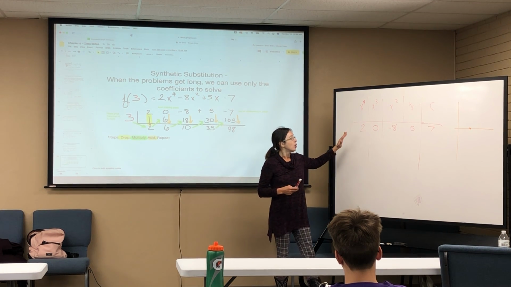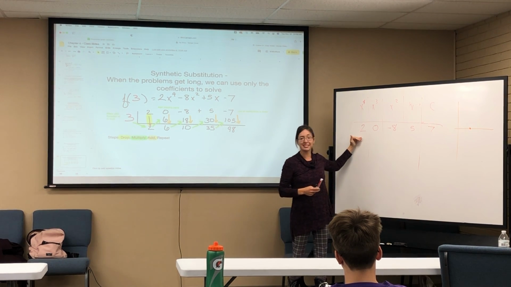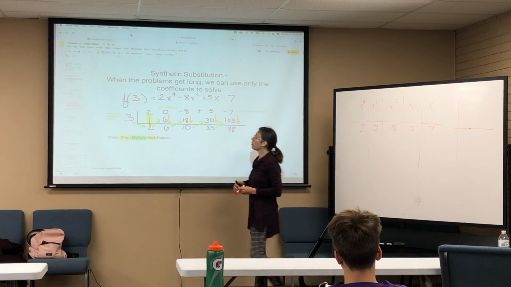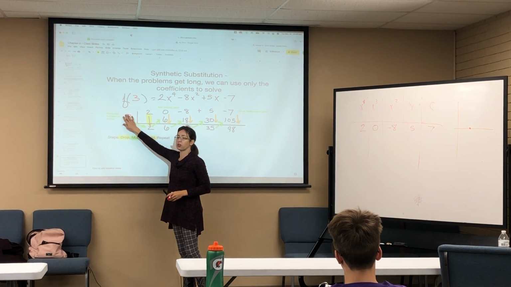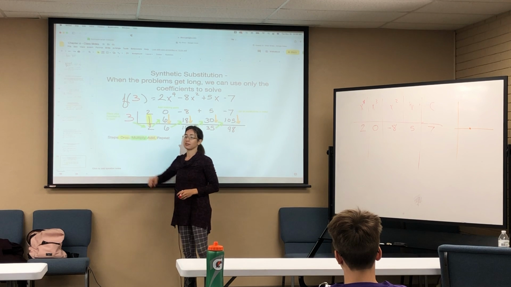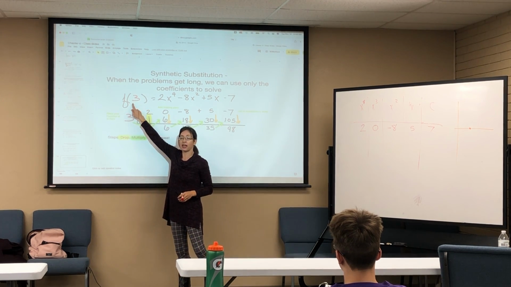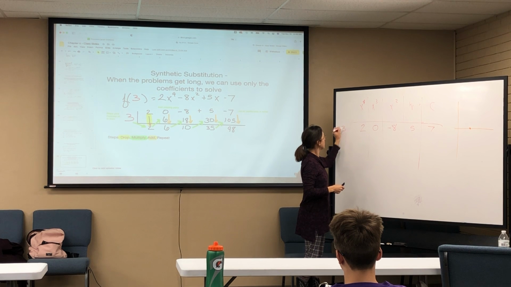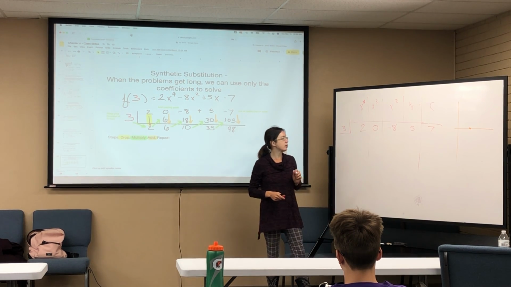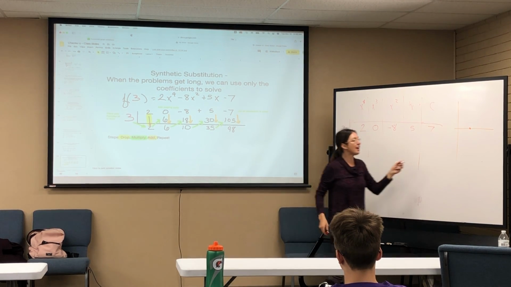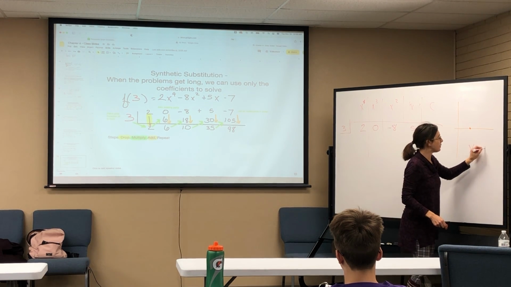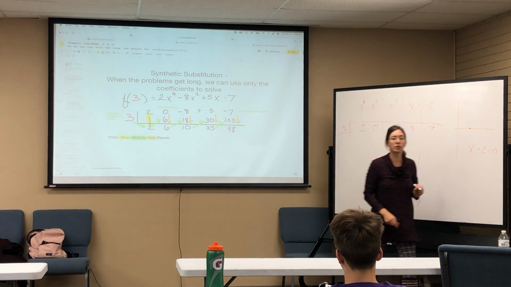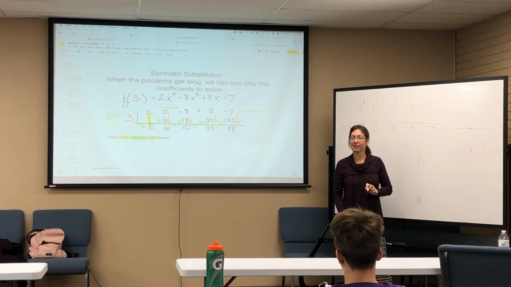Now, when we pull the coefficients down, we're going to ask ourselves the question, what is x? In this case, they tell us that x equals what? 3. All right? X equals 3. Now, if I had this, x minus 2 equals 0, what is x?